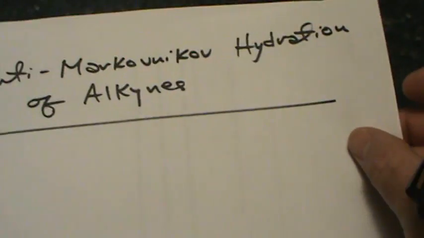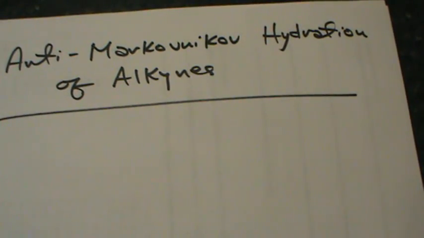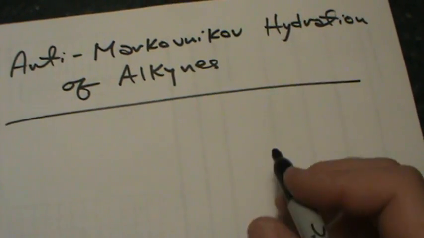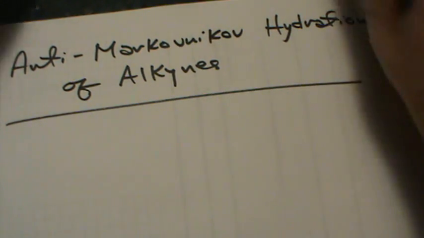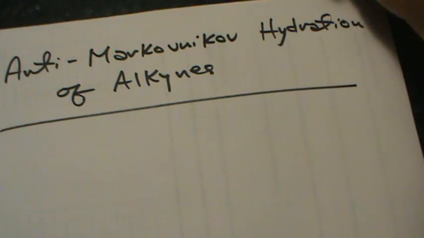Because now we're going to look at our last reaction, the anti-Markovnikov hydration of alkynes. And when we do an anti-Markovnikov hydration, we will be able to form aldehydes. Well, before we get to the anti-Markovnikov hydration of alkynes, let us go back and look one last time at the anti-Markovnikov hydration of an alkene.